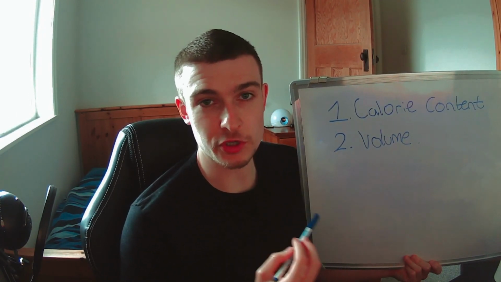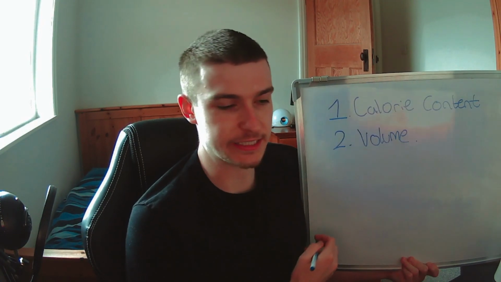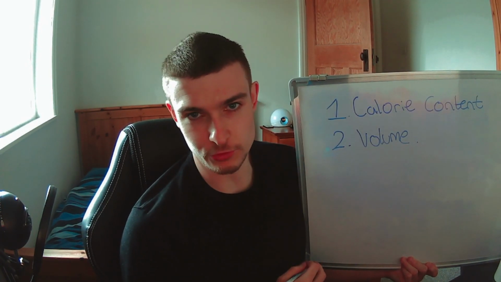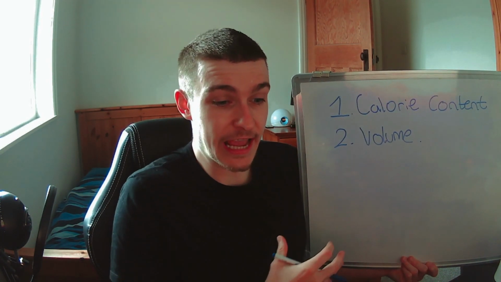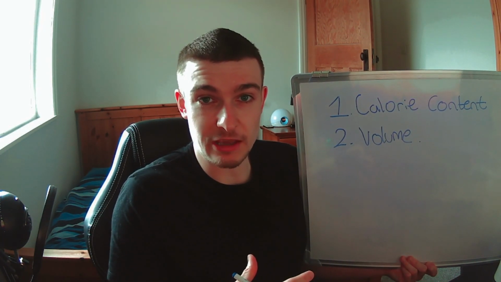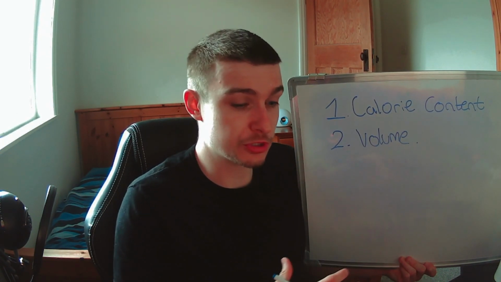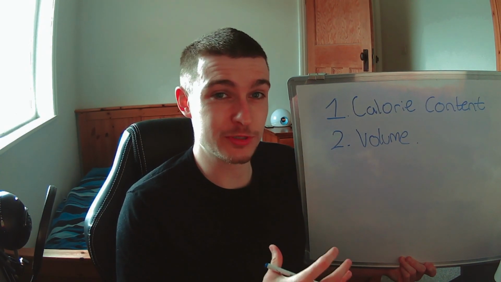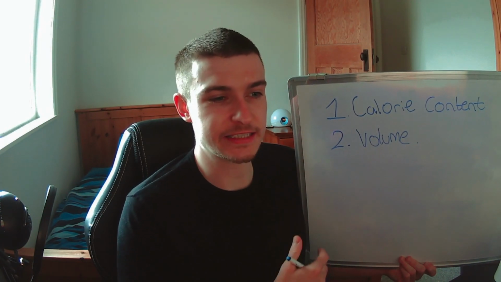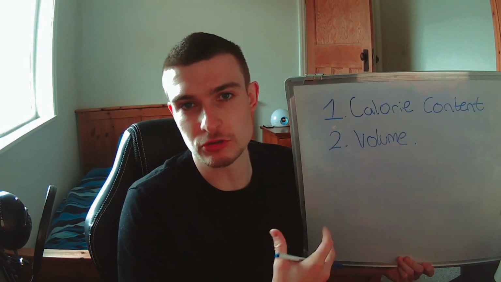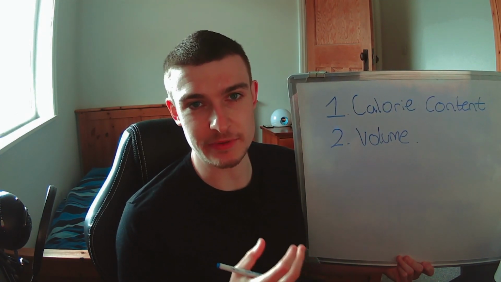The second property we want to consider, which links to calorie content, is the volume of that food. The volume of that food being essentially how much space that food takes up. So let's say on your plate, how much of the space on your plate does that food take up for the given amount of calories? So again, let's take the example of comparing two foods at 100 grams, and let's say for the 100 grams, they're the same calorie content.